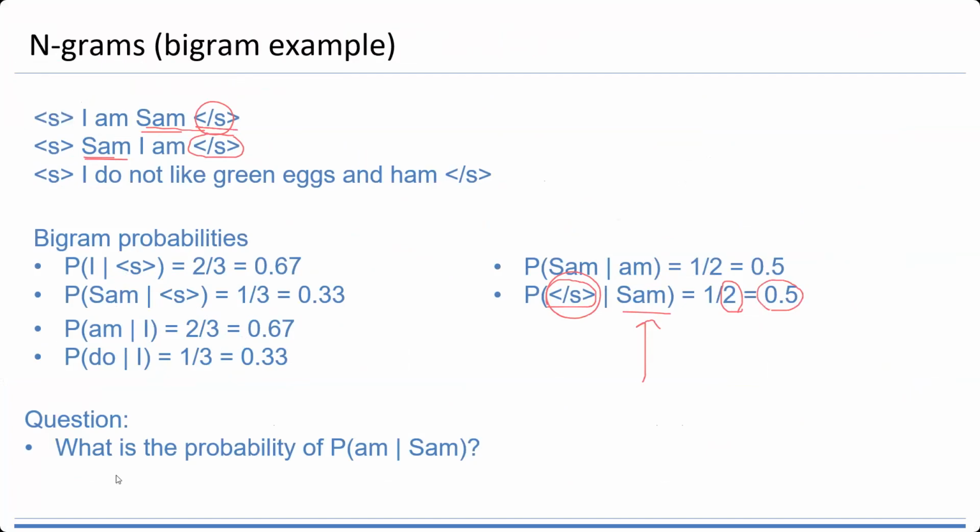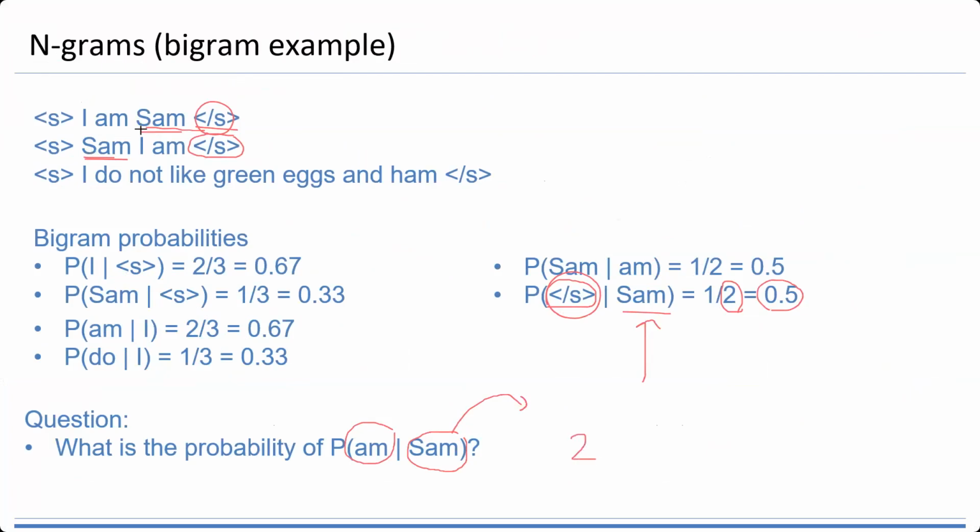So here's a question. What is the probability of M given the word Sam? So how many Sam do we have? We have 2.